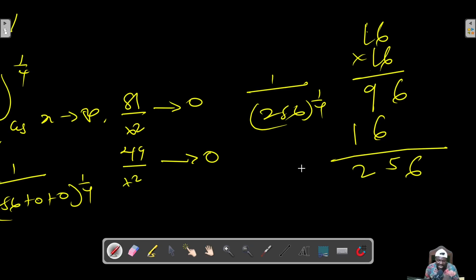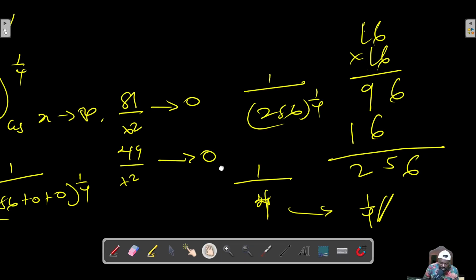Then I can say that the fourth root will definitely be 4. So the fourth root of 256 is 4. So we end up with 1 over 4.